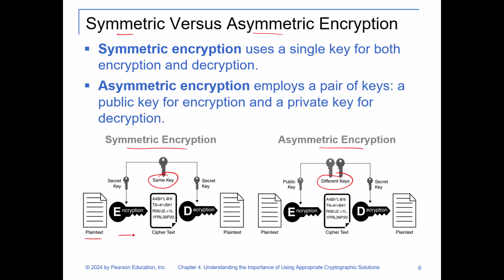Plain text, encryption, get your ciphertext. Run through the algorithm for decryption, back to plain text. These keys are the same with symmetric encryption. With asymmetric, the keys are different. One will have a key for encryption, one will have a key for decryption.